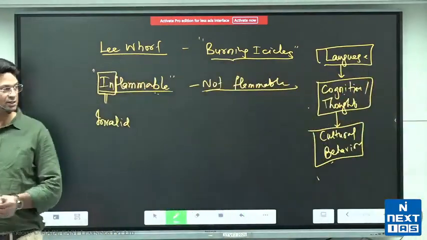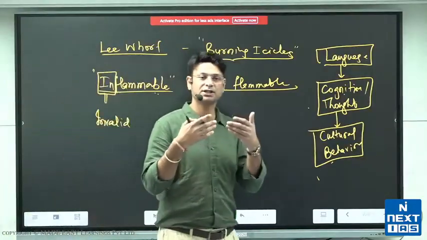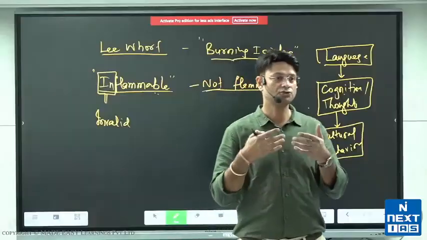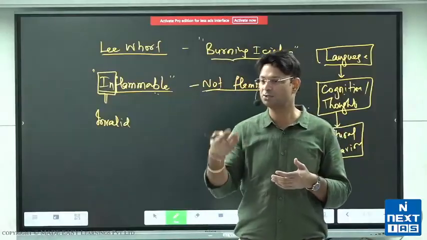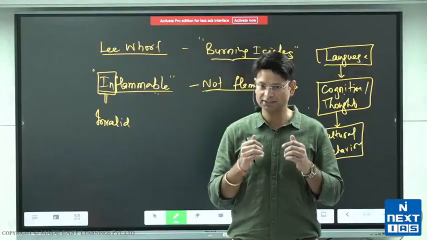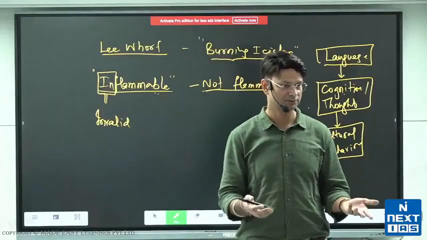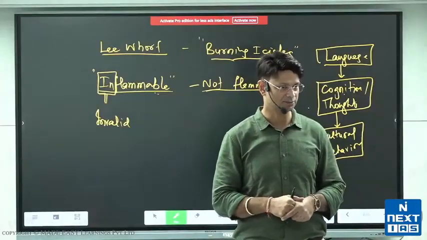Understood? So this is what you need to understand, that language is a very, very important aspect of humans. Language is what makes us human, because everything that you can think of is there with other animals also.